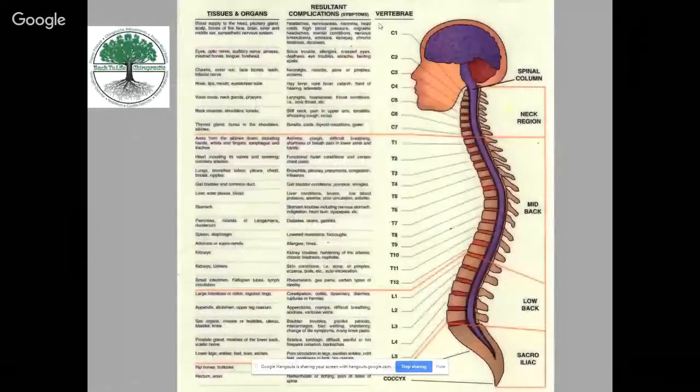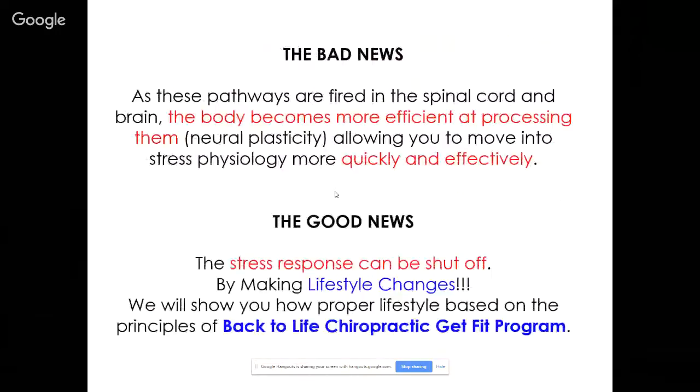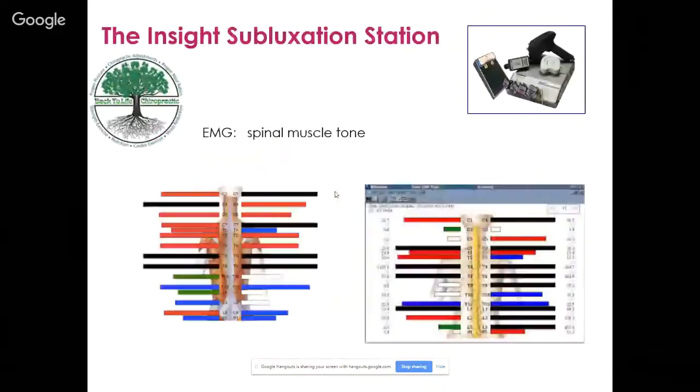So you can see that if your C1 is working really hard and it's showing up on a surface EMG, the sympathetic nervous system is being affected, which causes chronic tiredness, mental conditions, high blood pressure, migraine headaches, nervousness. And so we were finishing up with that, and then I think we were going a little bit into surface EMG. So let's start our timer and get going.